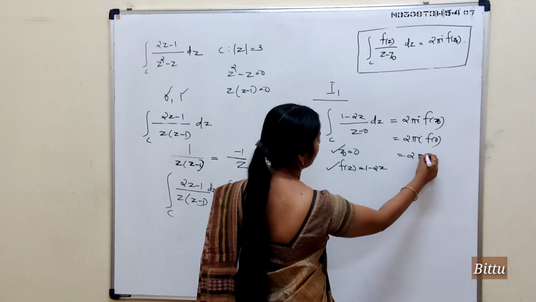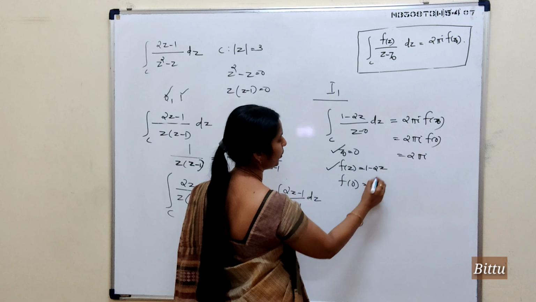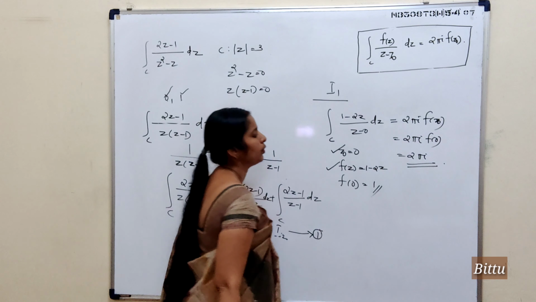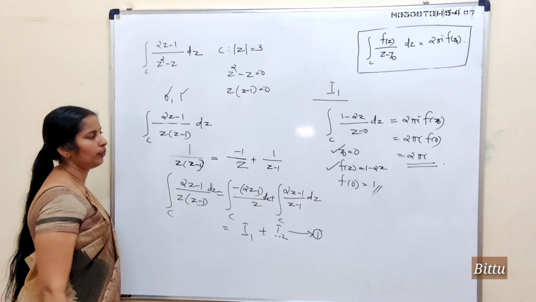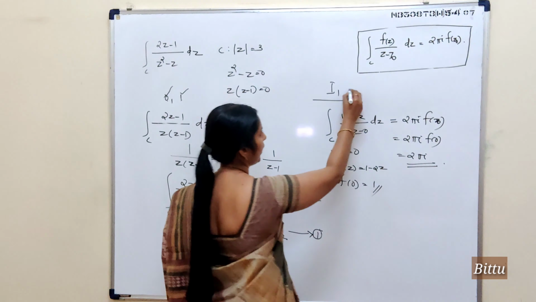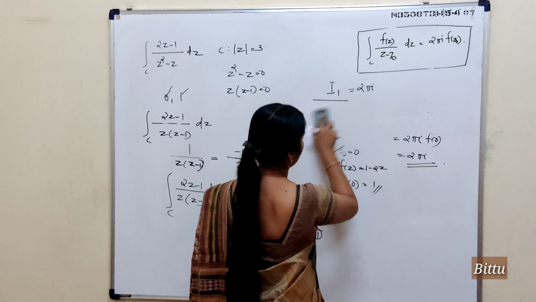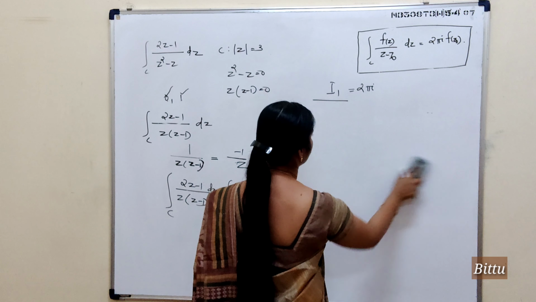What is f of 0? You put z equal to 0, it is 1. So into 1, that is 2 pi i. So we got I1 as 2 pi i. Next we have to evaluate I2.